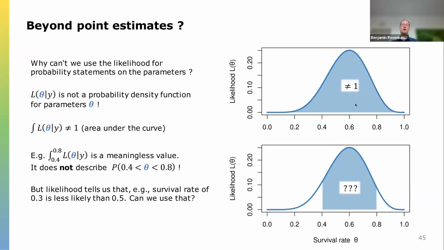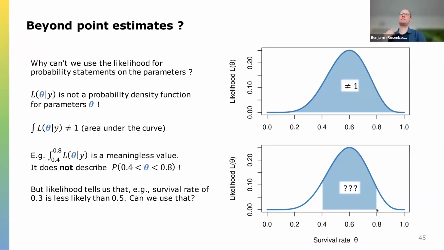Doesn't sound like a big issue, but it actually is, because it is not a probability density function anymore. So you can compute the maximum here, but you can't, for instance, compute something like quantiles, right? For instance, here, the interval between 0.4 and 0.8, the value here is completely meaningless. It does not describe the probability of the parameter being between 0.4 and 0.8.